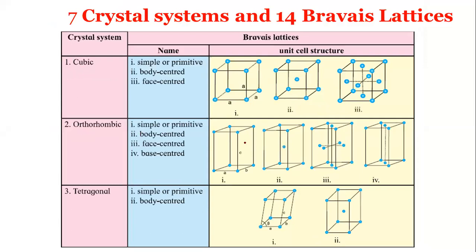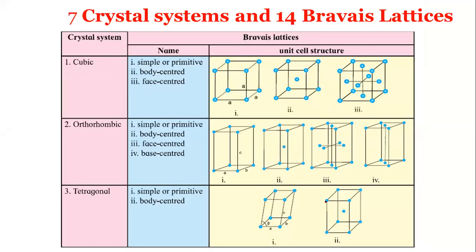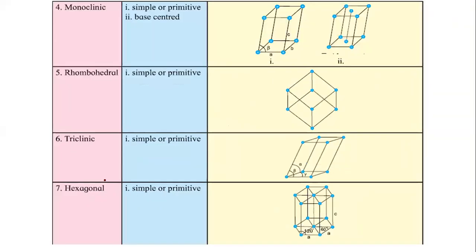Then orthorhombic has all four types of unit cells, end centered also. This is face centered, this is end centered, this is body centered, and this is primitive. In case of tetragonal, there are only two types of unit cells. One is simple and one is body centered. So there are 14 different Bravais lattices, and the 14 Bravais lattices are divided into seven crystal systems. First is cubic, orthorhombic, tetragonal, monoclinic, rhombohedral, triclinic, and hexagonal.